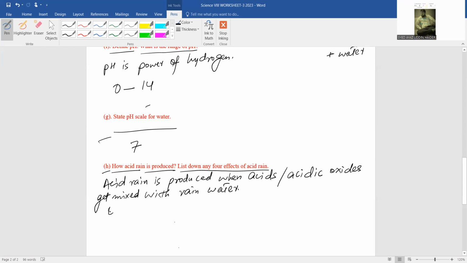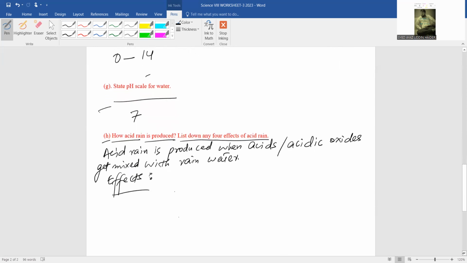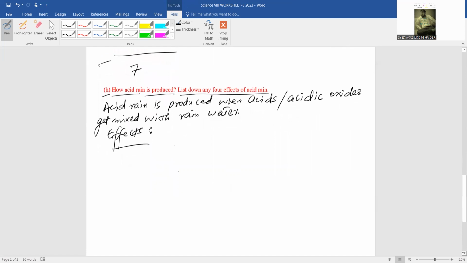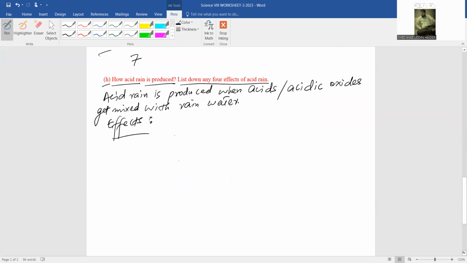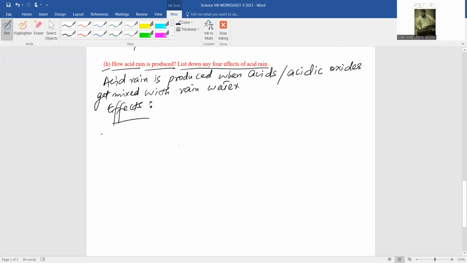Now, effects of acid rain. You can write any 4 from these. Acid rain dissolves metal structures. It erodes buildings.